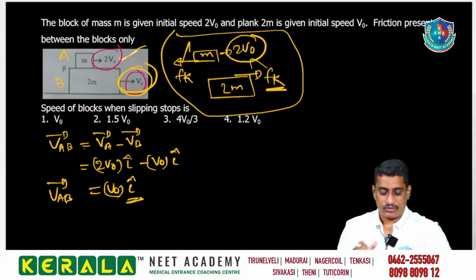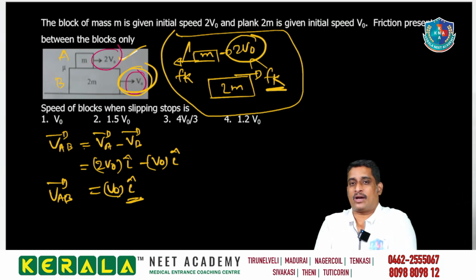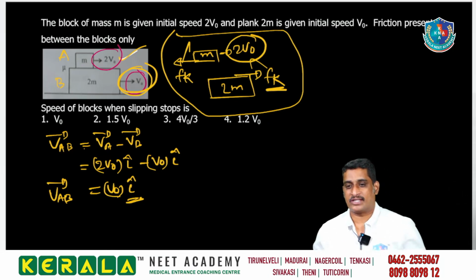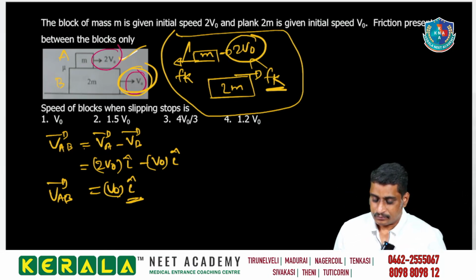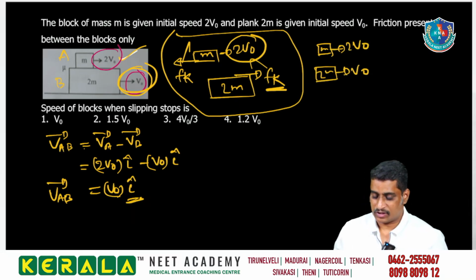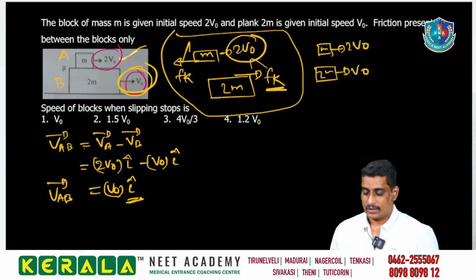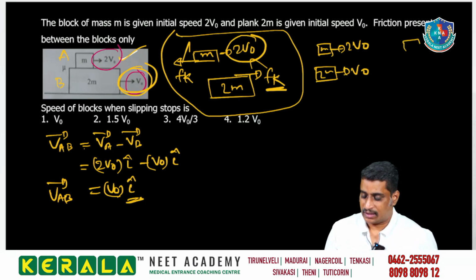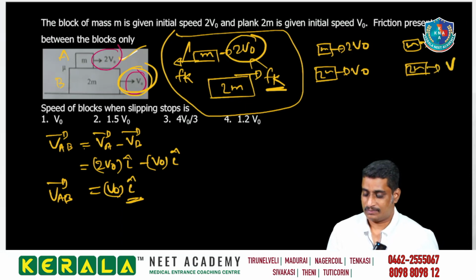That common velocity of these two blocks we can calculate by applying the conservation of momentum concept. In the initial state, the upper block has speed 2v0 and the lower block has speed v0. After some time, they attain a common velocity. Suppose this is v, and the speed of the other block is also v.